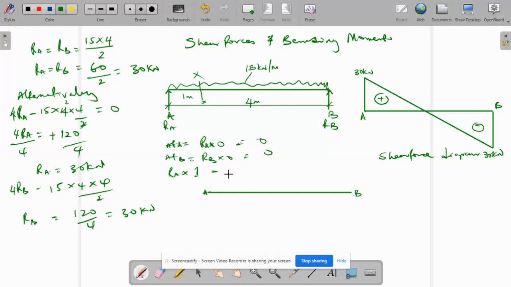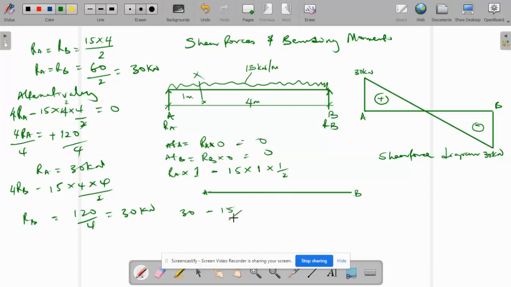Load at 1 meter is 15 multiplied by 1 multiplied by 1 over 2. We're considering at 1 meter. So what we'll have here is 30, because reaction A is 30, minus 15 times 1 divided by 2, which is 7.5.